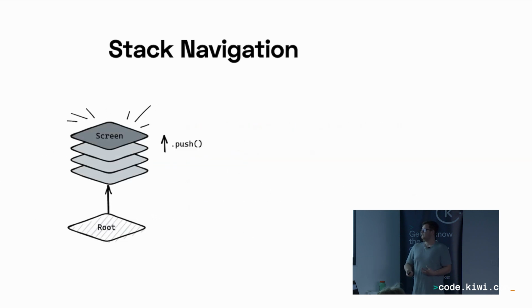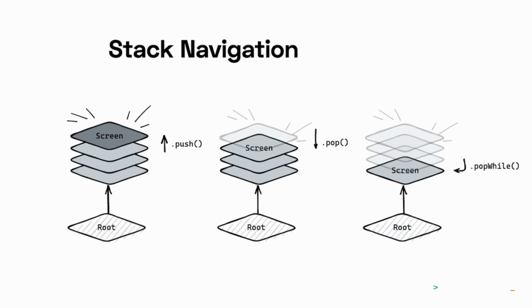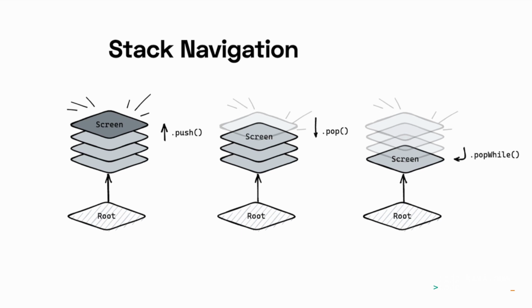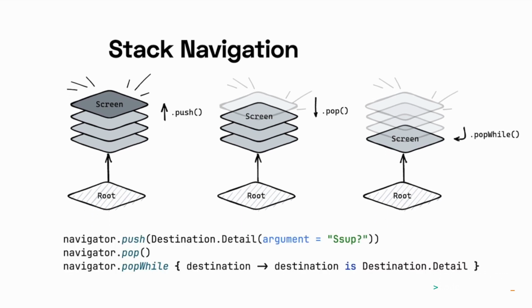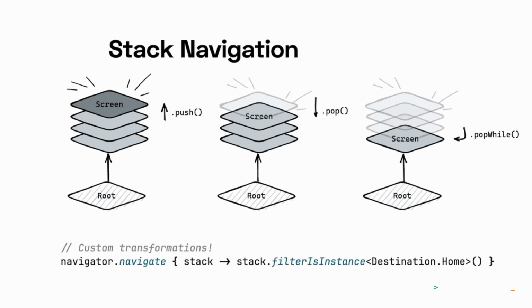By default, you get some built-in operations that you can use, such as push, pop, pop-to, etc. However, what I find really nice and a really strong feature is that you can do custom transformations over your stack. And we will actually need this to implement interop between SwiftUI's navigation stack view and Decompose.